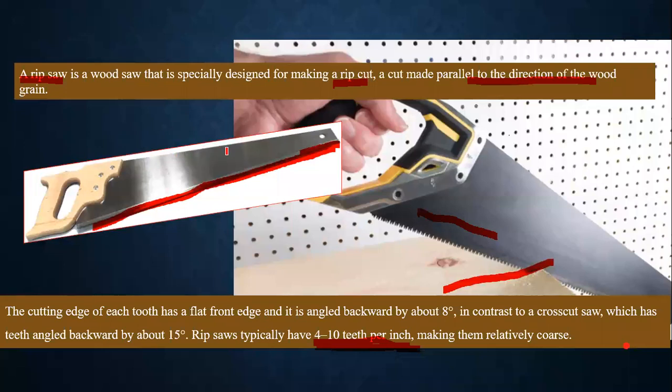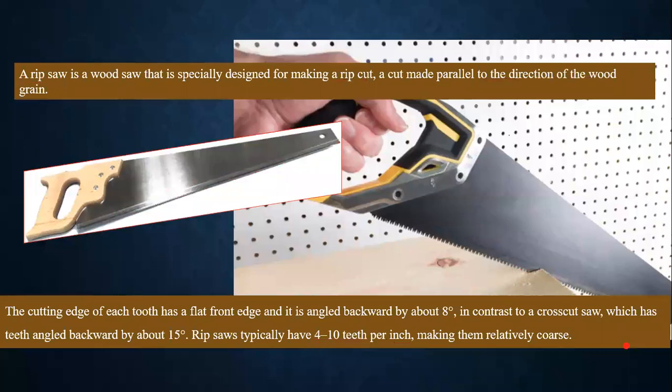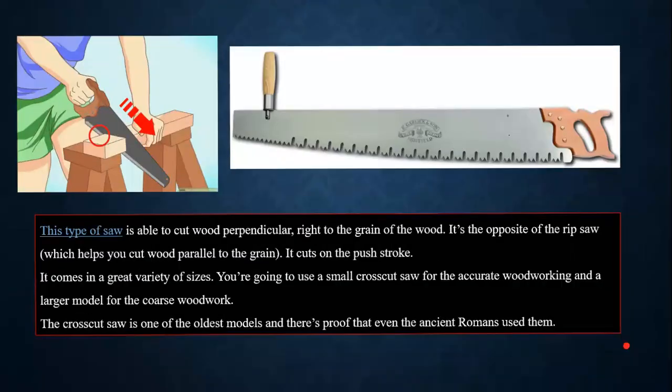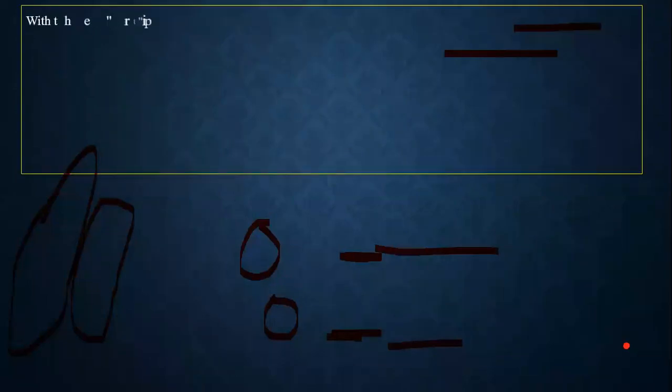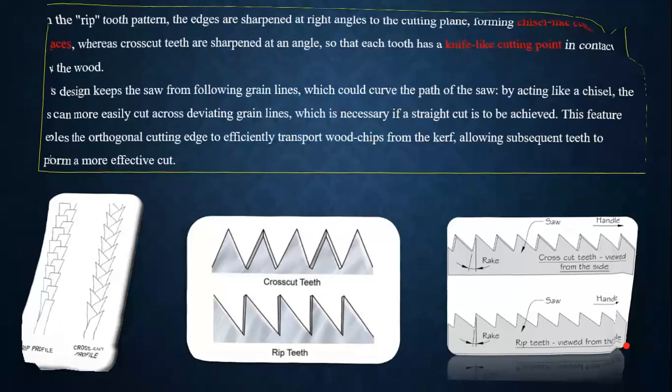If you don't control it, it may not follow the line you have marked along which you want to cut, because the blade of the rip saw is flexible, and that of the cross-cut saw is also flexible. Is that okay?